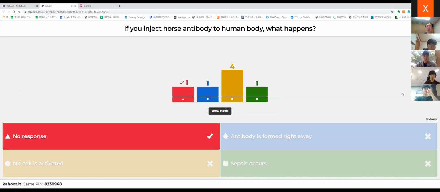If you inject antibody from a horse into a human, very interestingly, a fever may form, but no serious immune response occurs right away. That's why you may have heard the story about serum therapy.